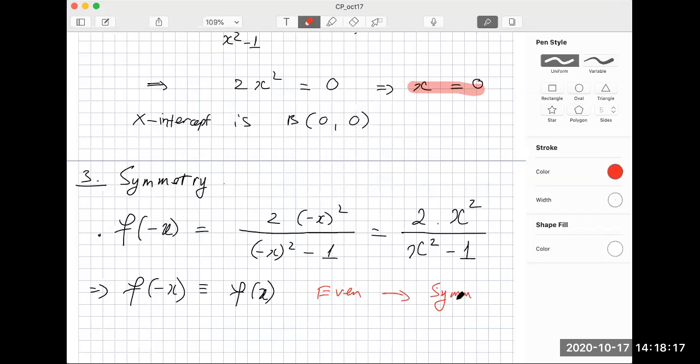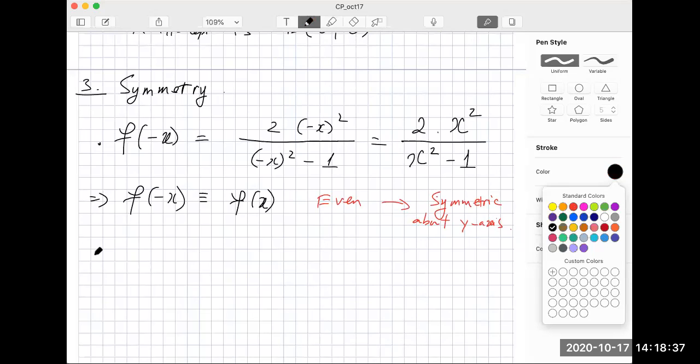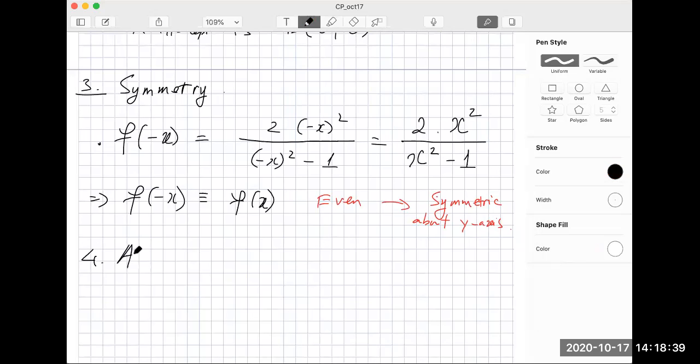Okay. Very good. And we know the symmetry. What should we do next? The asymptotes. Very good.